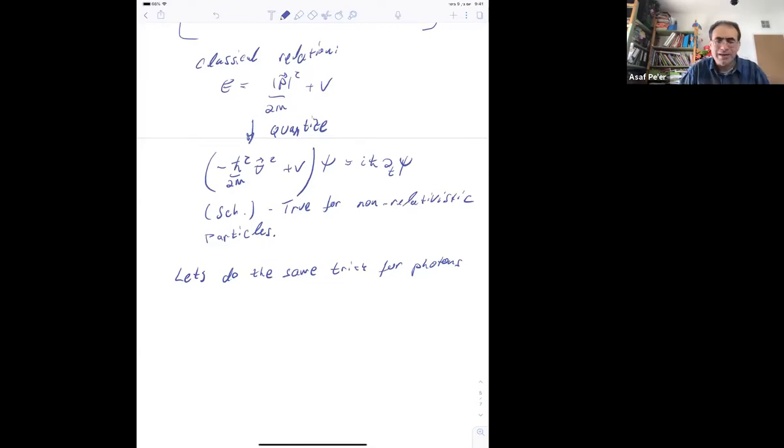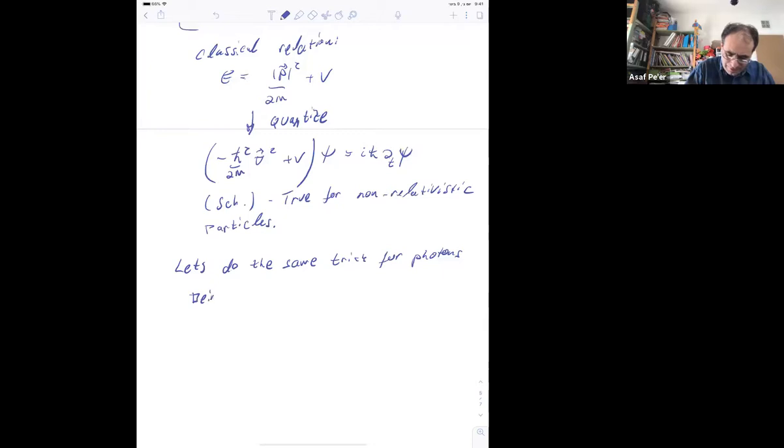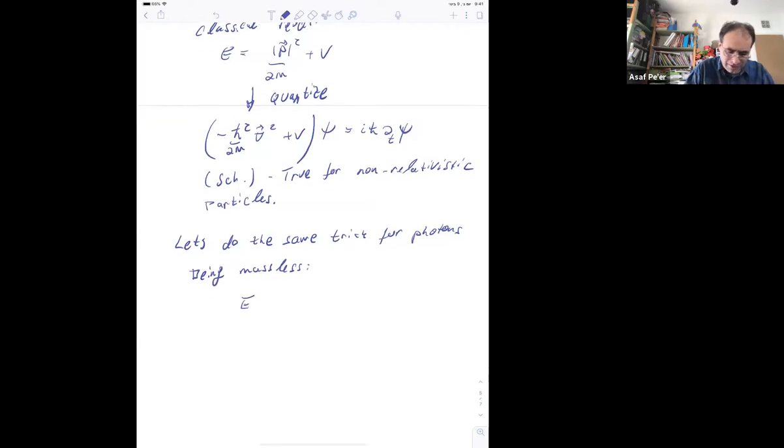So being massless, what do we know about photons? For photons, E squared minus P squared is equal to 0. This we know for them being massless particles. I forget about the c here.